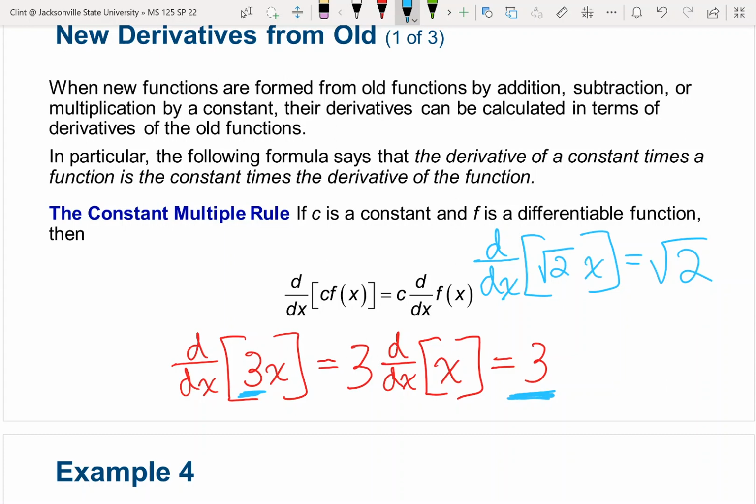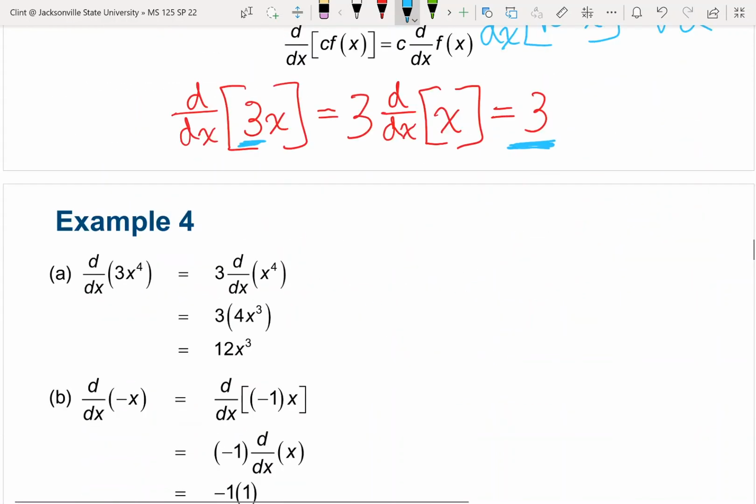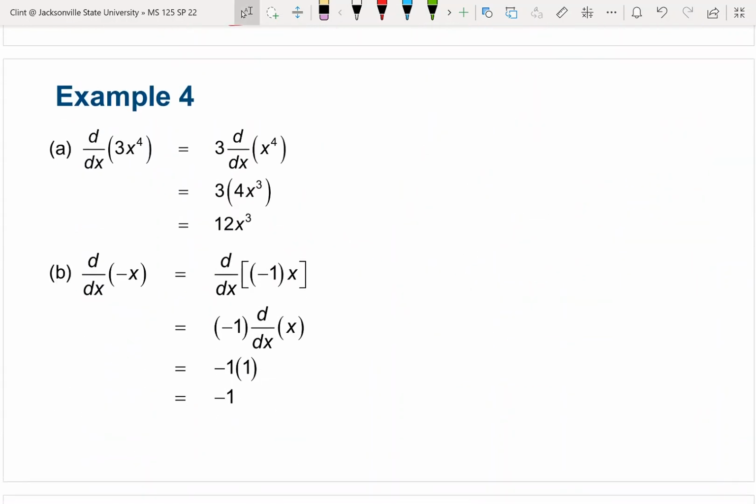Okay, we've got another good example in here. Got 2 good examples, actually. So we want the derivative of 3x to the 4th.